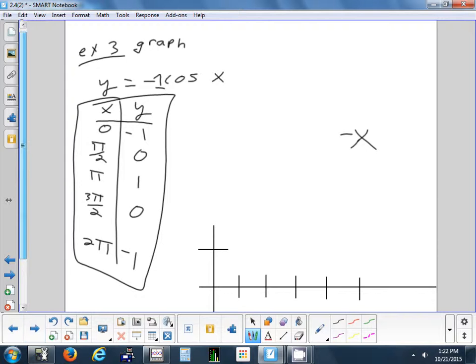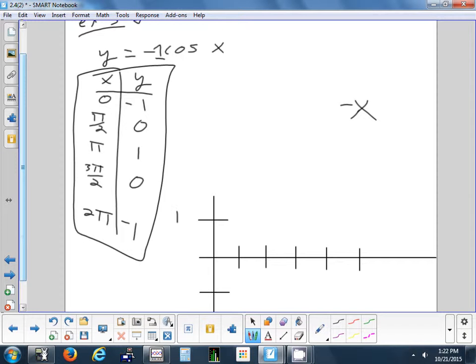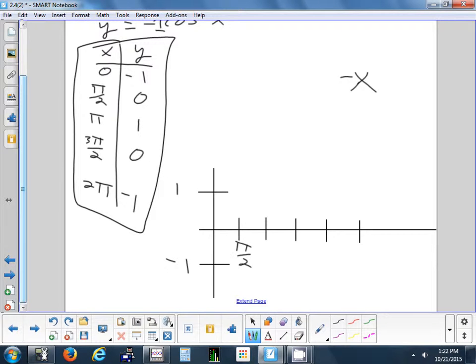And now we do our sketch for 2 points. This time you don't need to change the scale at all. 1 to -1. That's as high and low as you go. Okay, label your x's. And put in your points. So -1, 0, 1, 0, -1.